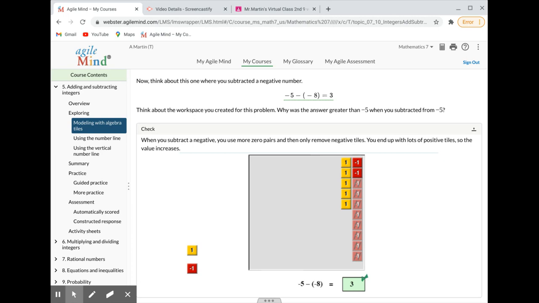All right? So, I'm going to stick to what I know. If you have to subtract a negative, we're going to add the opposite. So, instead of subtracting negative 8, we would add positive 8.